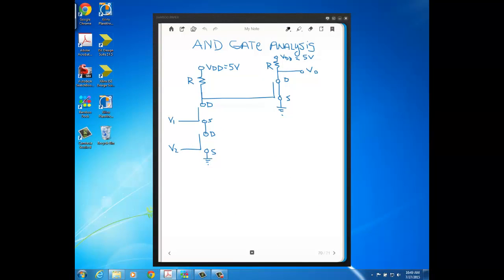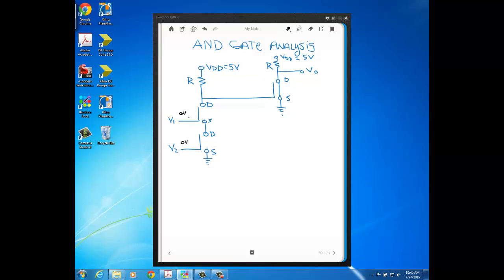So let's use this diagram over here to do our analysis. The way this diagram is shown right now is with V1 and V2 both being 0 volts. So 0 volts on the gate of this MOSFET, 0 volts on the gate of this MOSFET.